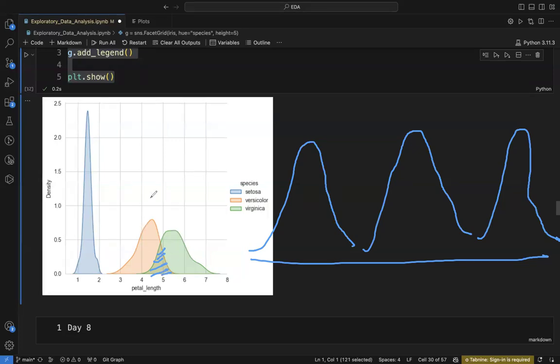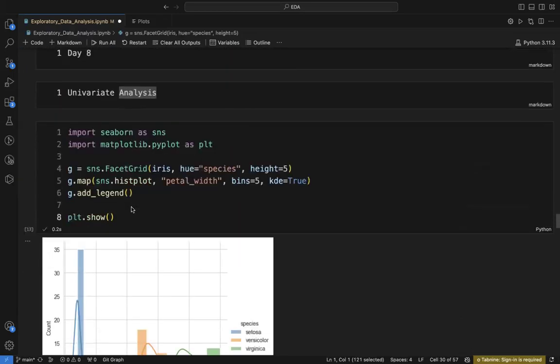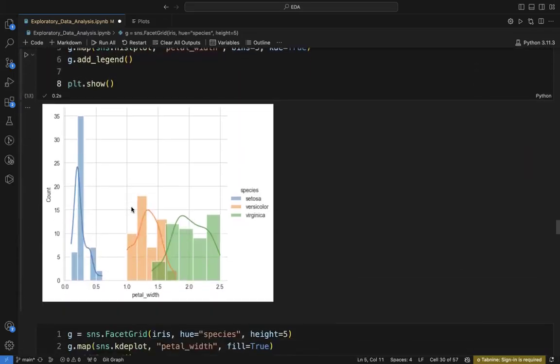Fine. Now, let's see what happens when I have petal width as my feature. So let's come to this petal width. This is my petal width.